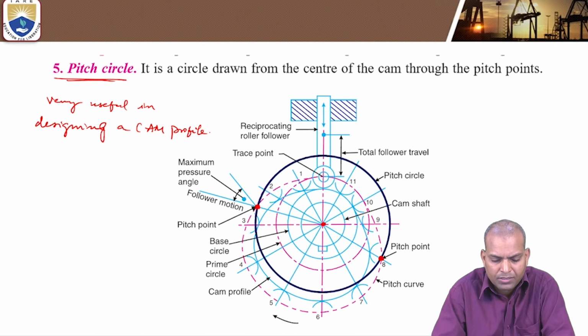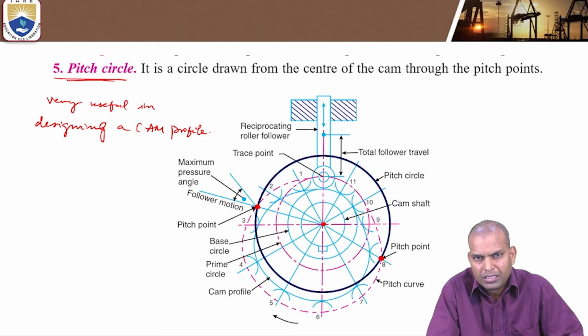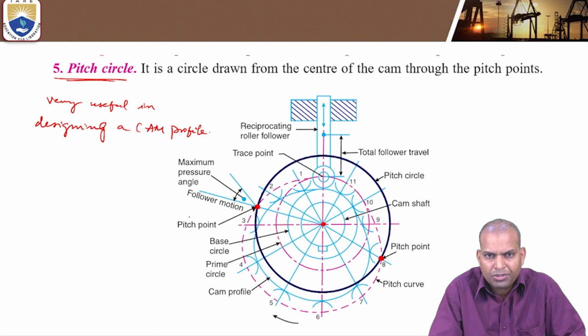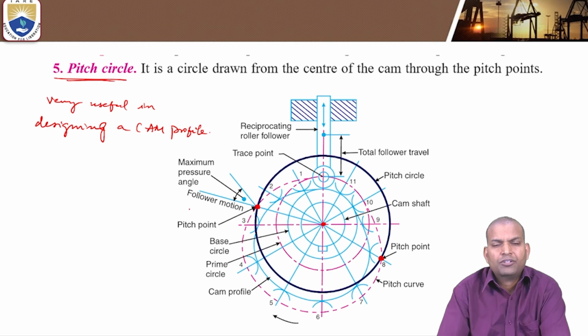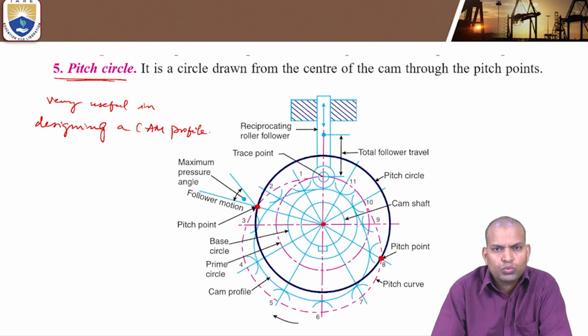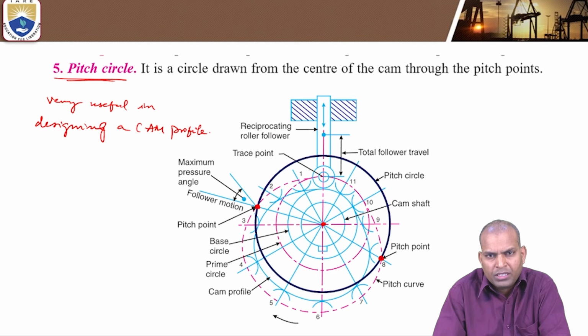Coming to the term pitch circle, it is a circle drawn from the center of the cam through the pitch points. What is the pitch point? It is the point where the maximum pressure angle takes place. What is the pressure angle?